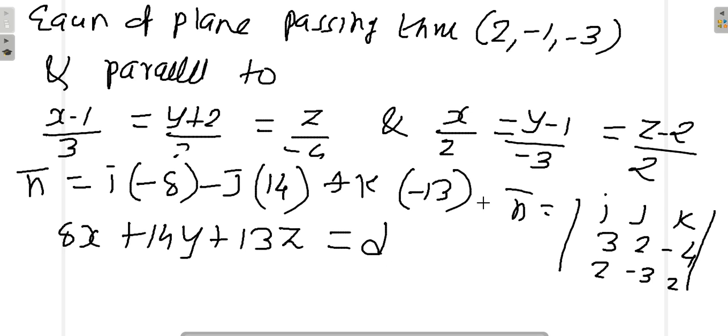To find d, you can use either this point or this point. Let us use this point, which is 1, minus 2, 0. Let us substitute here to get the value of d.